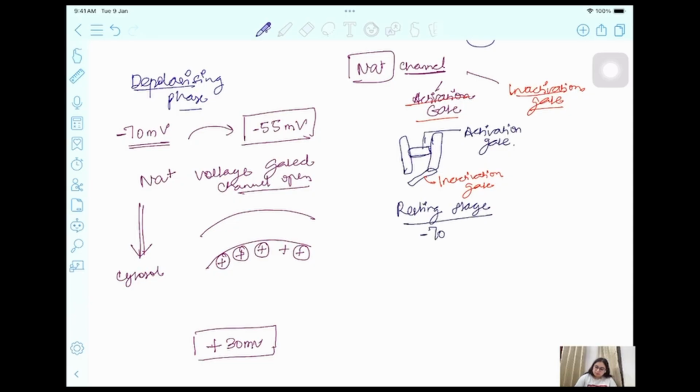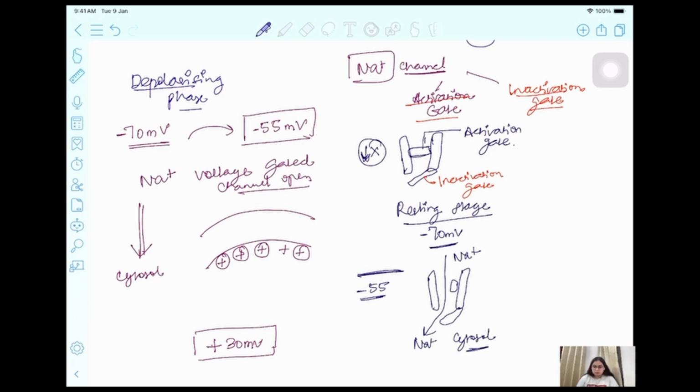At resting stage, when the membrane potential is minus 70 millivolts, the inactivation gate of the sodium channel is open and the activation gate of the channel is closed. Therefore, there is no flow of ions. The ions cannot flow through it. When the voltage changes to minus 55, the activation gate opens and the inactivation gate was already open. There is an inflow of sodium ions towards the cytosol.